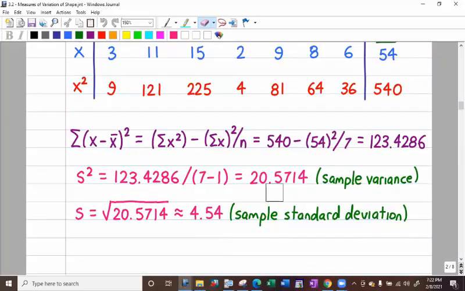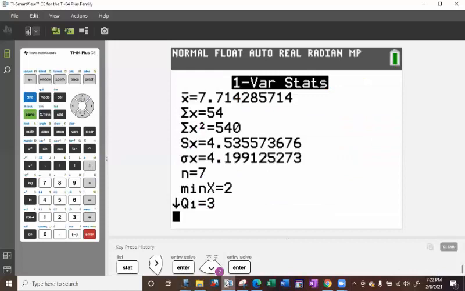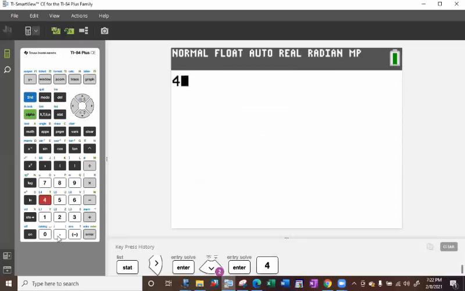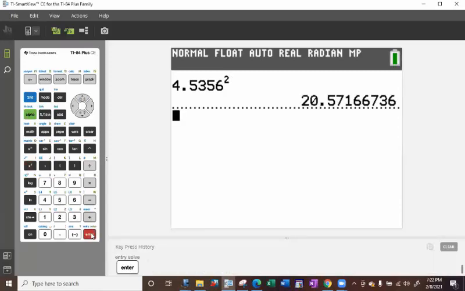Now, of course, to get to the variance, I would have to square that number. I hit the square key, so that's the standard deviation, and this will be the sample variance right here. There it is. All righty.